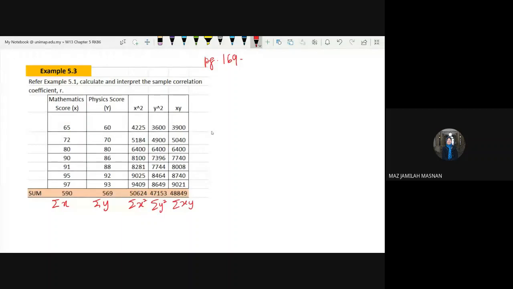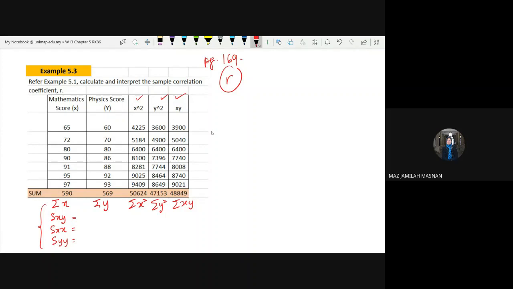From these summations, you can find your Sxy, Sxx, Syy. This is the variation involved in this particular data set. That's how our R is obtained, using this measurement of the variation between your data.